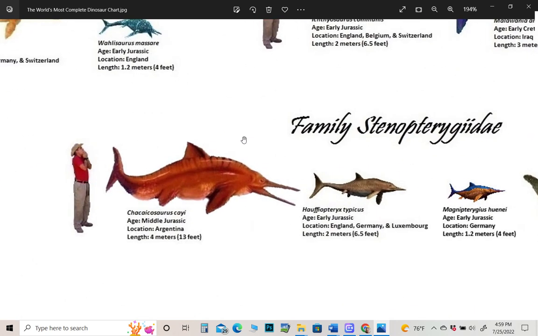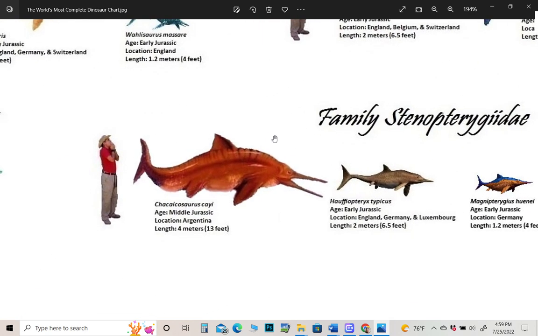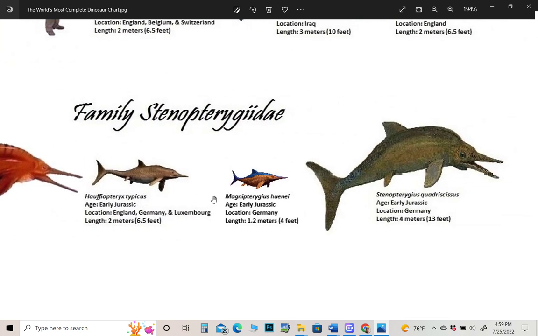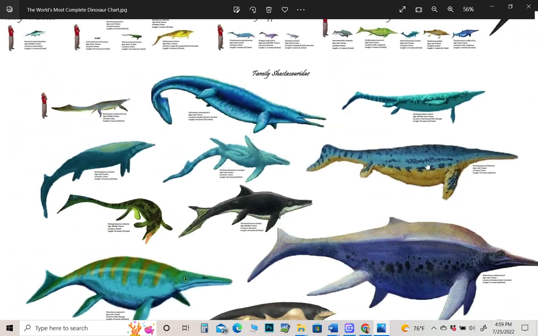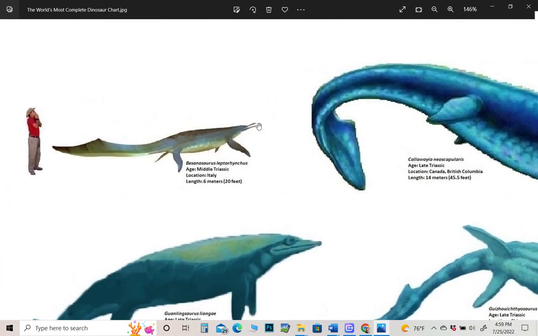So, Stenopterygids, Chacaicosaurus, Hauffiopteryx, Maiaspondylus, Stenopterygius.